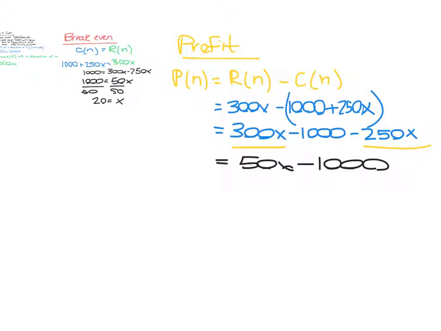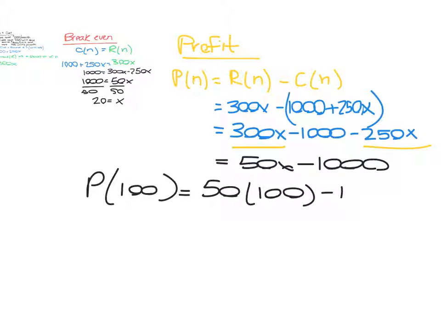So her equation for her profit can be used. So she wants to know if she sells 100 units, how much money will she make? Well, for example, if we sub in 100 for x, so P of 100 units is equal to 50 times 100 minus 1,000.